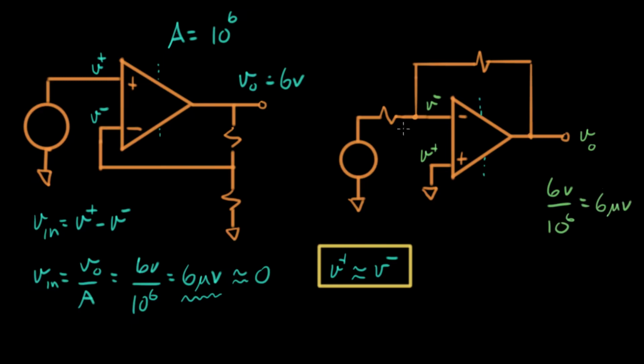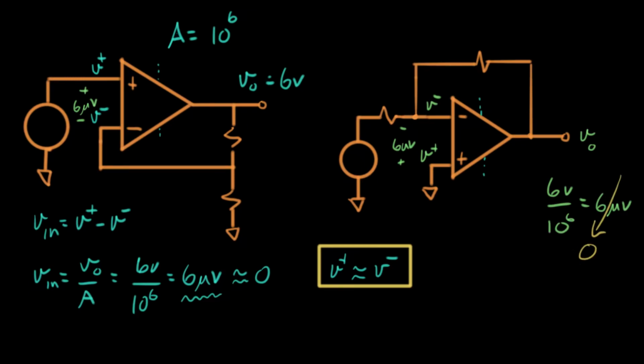That says this is 6 microvolts in this direction. When we did this over here, because the signs of the inputs are flipped, this was 6 microvolts this way. Again, because of the enormous gain of this amplifier, this is always going to be a tiny, tiny number. And so, heck, why not make it 0?